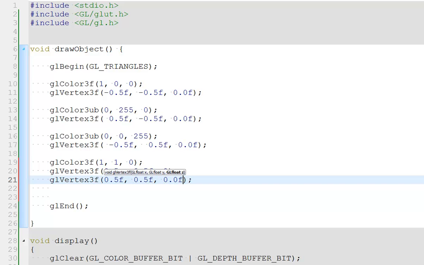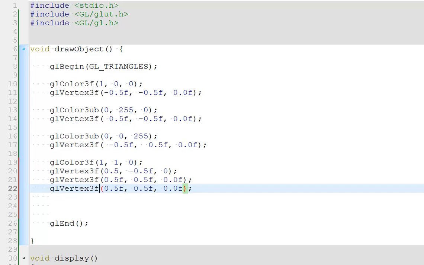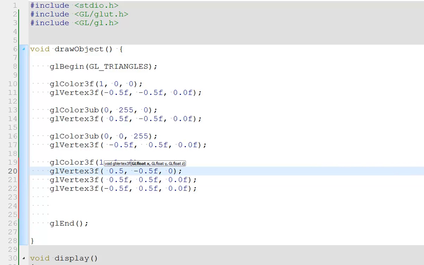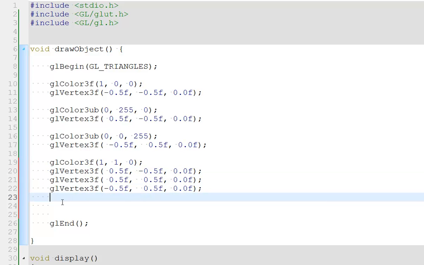And the last point is going to be the top left, so Y will be positive, but X will be negative. Let's line things up. I think I missed an F. So this should be a yellow triangle.